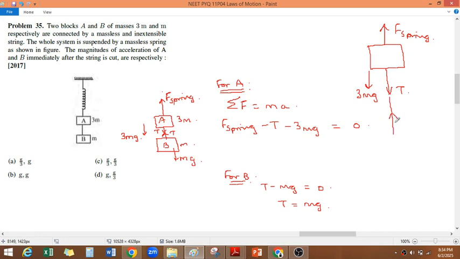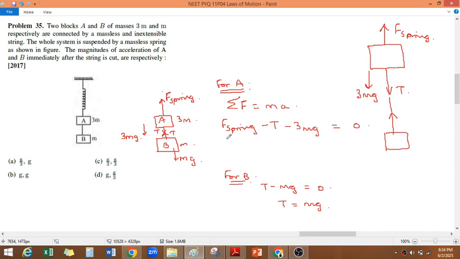So that's what I told you. This is very confusing for all of you. So you have to understand that this block is not falling down because the tension is actually pulling it upwards. Who is pulling it downwards? This guy is actually pulling this guy downwards, which means the tension here is actually acting downwards. Do you agree?